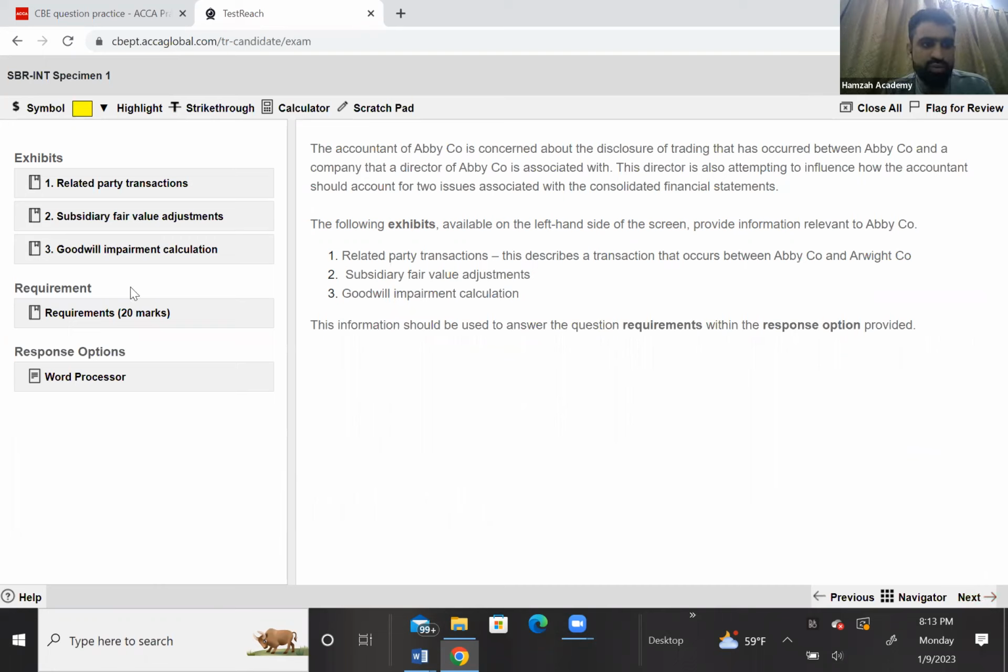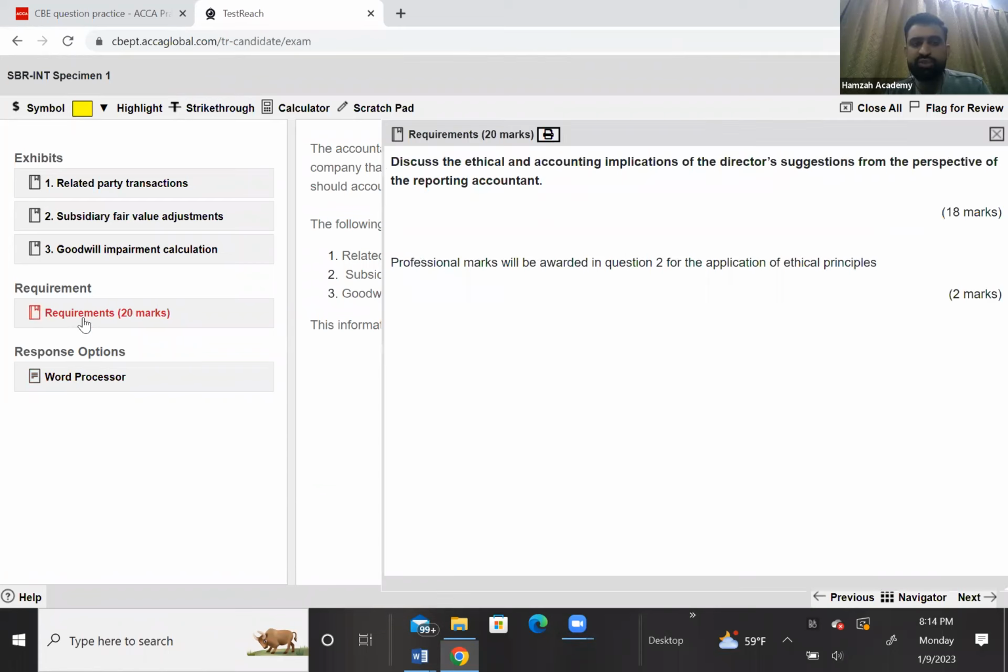Question number 2, requirements are 20, and there is only one response option in this question. In this paper, the response option for question number 2 is only one, which is word processor. That means in this question there is no requirement of calculation, and you can see 18 marks requirement.